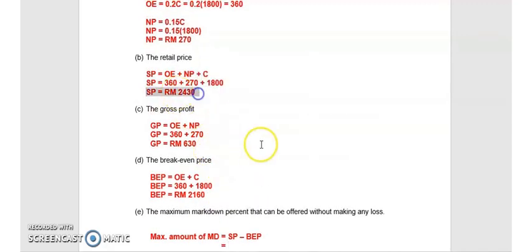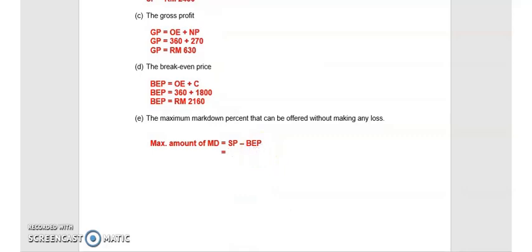Now find the maximum amount of markdown first. The maximum amount of markdown is given by selling price minus BEP. The selling price just now is 2430 minus break-even price 2160.